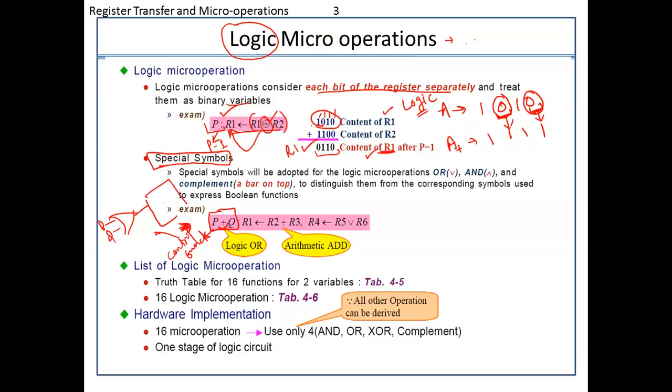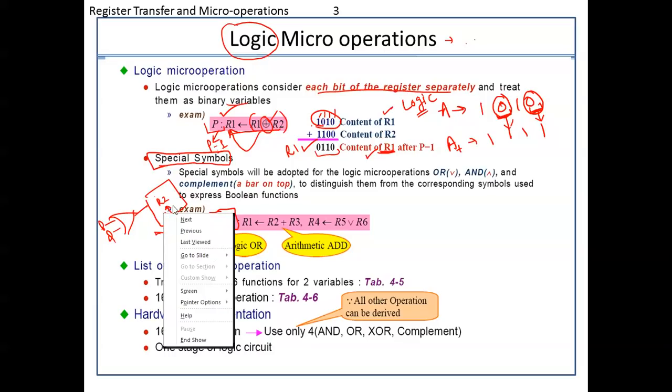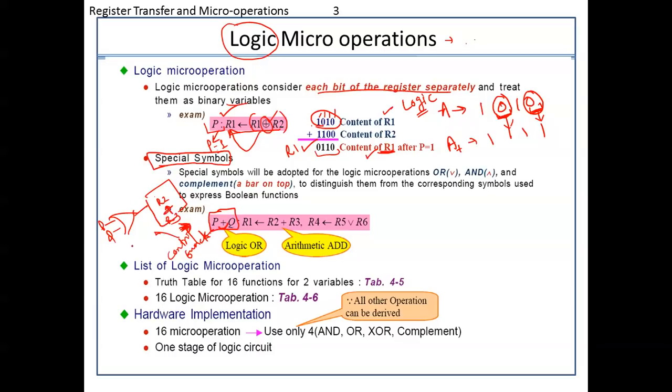Only then will the contents of R1 and R2 be added to R3, and then the resultant will be stored in the R1 register. So this is the exact idea.